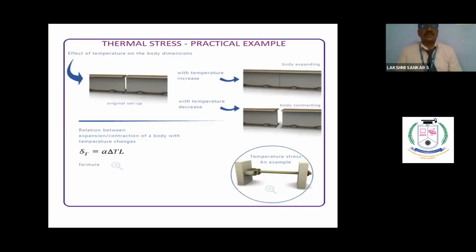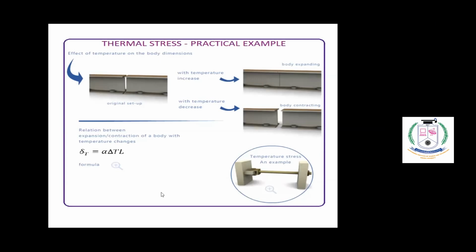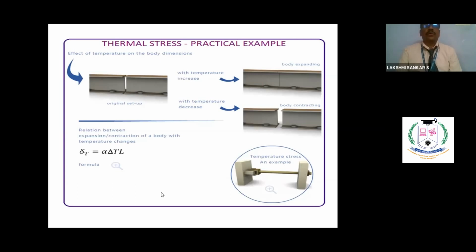Okay. Now thermal stresses. What is this? You notice on this particular screen, this is nothing but your rail. Correct or not? Yes. The thermal strain, if you see, due to temperature, the expansion of material is noticed.